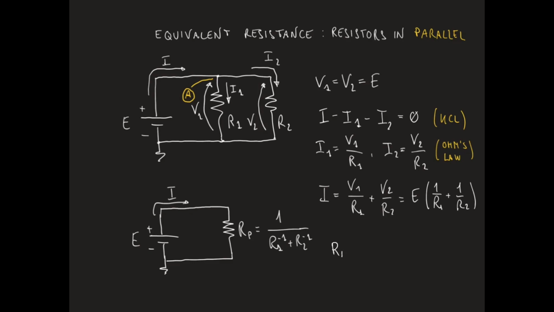Rp is called the equivalent resistance for the two resistors R1 and R2 in parallel. So in this case, the current I can be written as E divided by Rp.